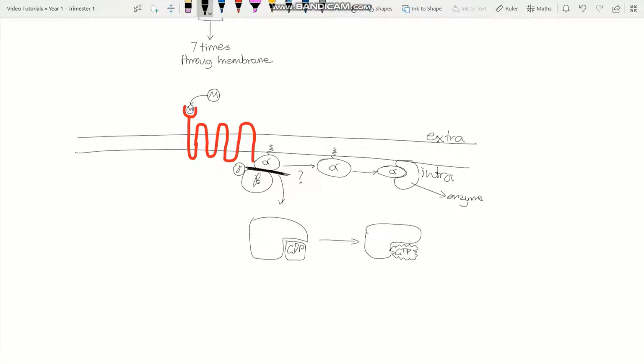And the binding of this enzyme to the alpha subunit will activate it. Therefore, a particular cellular response will be brought about. So this is basically the action of a G protein.